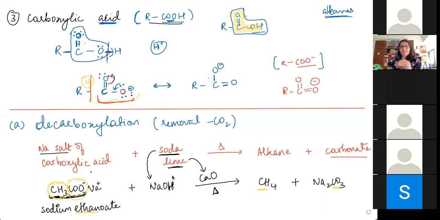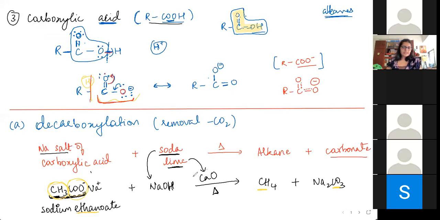Now, why are we not just heating it with the base? Why is CaO necessary? Why are we heating it with soda lime and not just with the base? Because if you look at the end product, calcium has nothing to do with it.